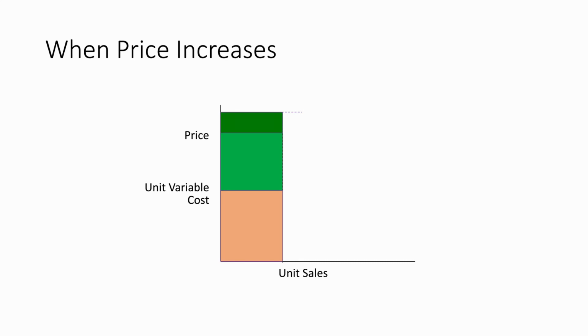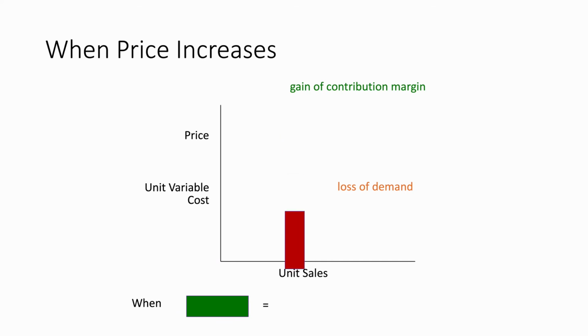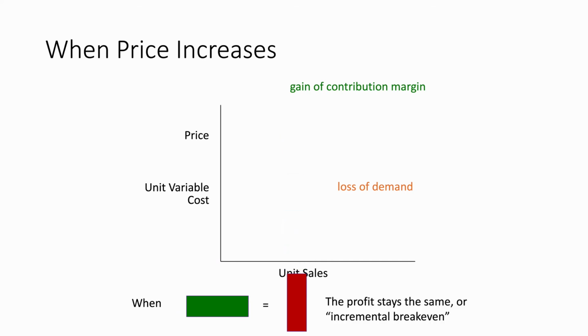The gain is from the price increase that leads to a gain of contribution margin, and the loss is from the loss of demand. Again, we're going to compare these two blocks of gains versus losses. When the gain is equal to the loss, the profit stays the same. We call that scenario incremental break-even.